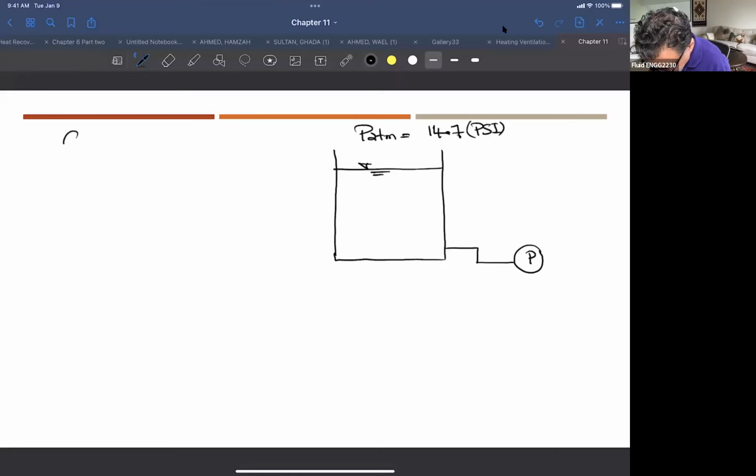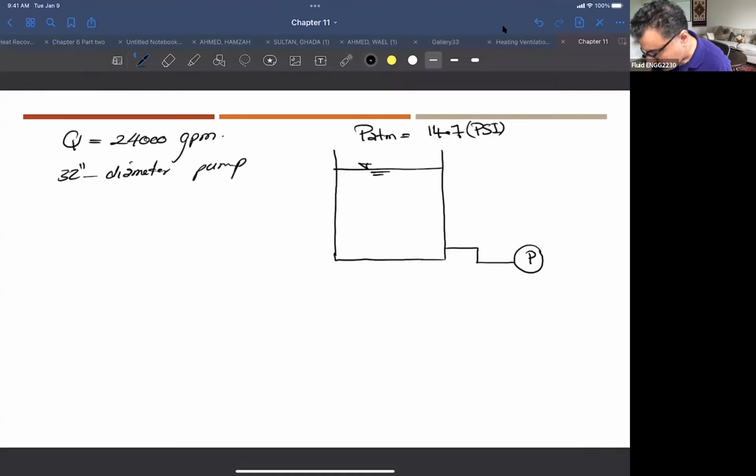And flow rate here is 24,000 gallons per minute. And this is a 32-inch diameter, or impeller diameter, pump.